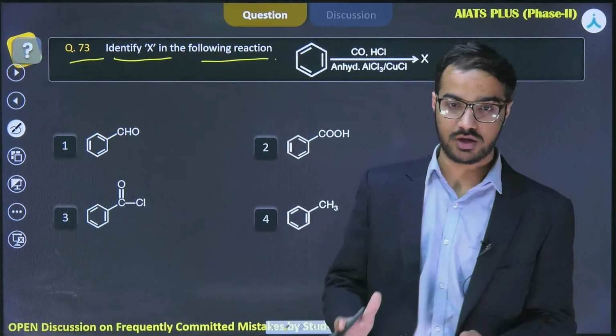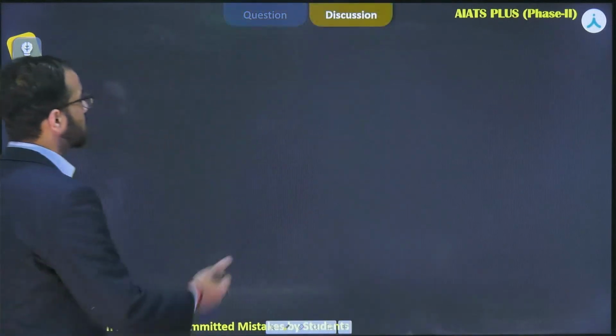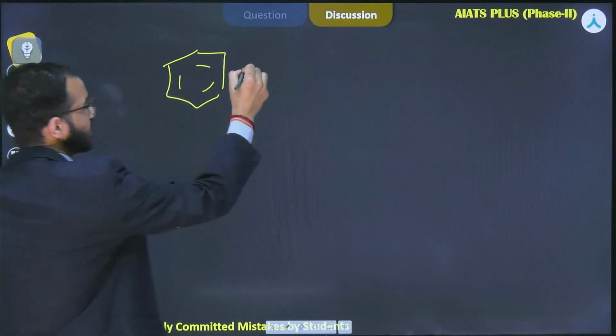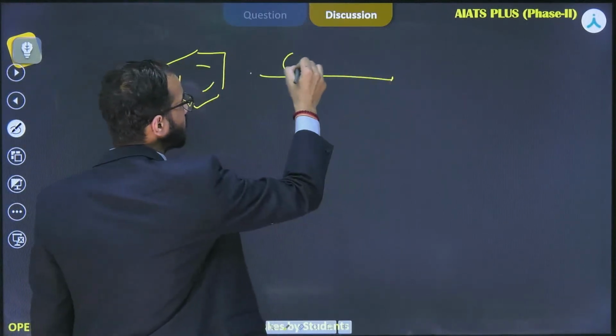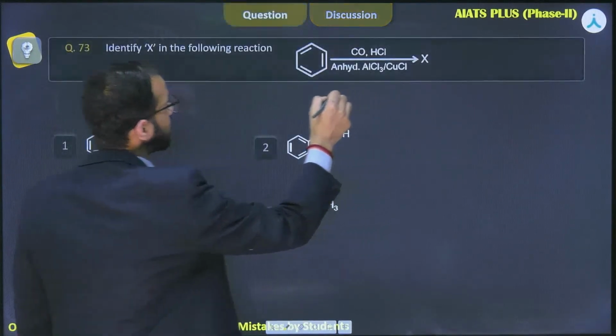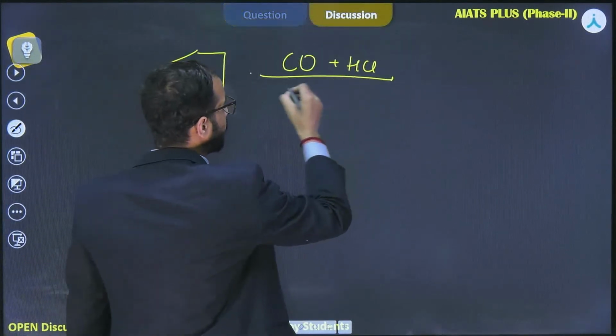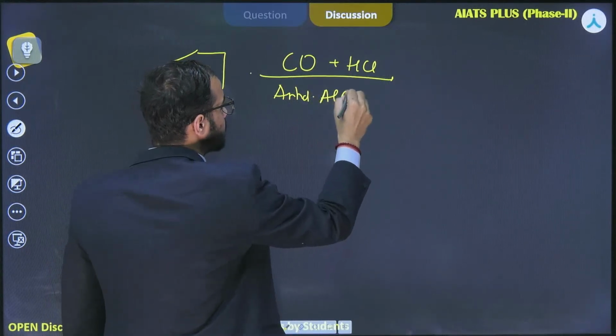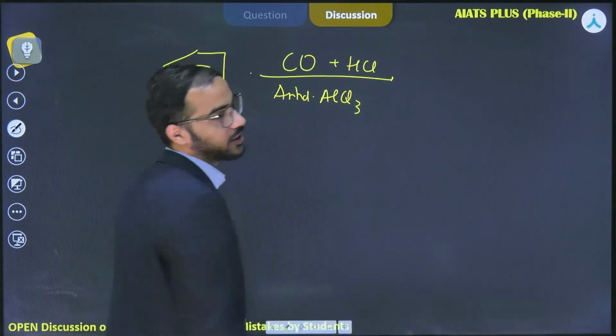So you will be having benzene reacting with carbon monoxide in the presence of HCl and anhydrous AlCl3, any kind of Lewis acid you can take over here.